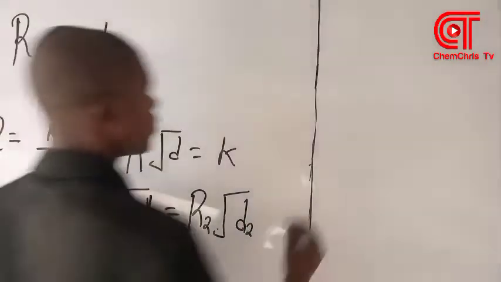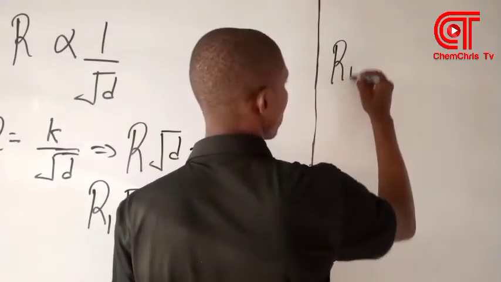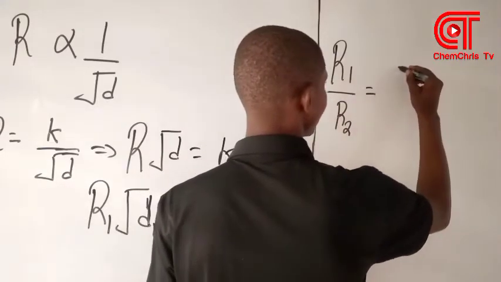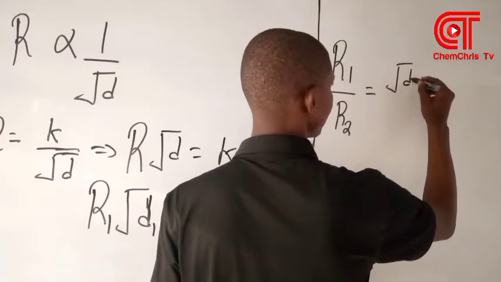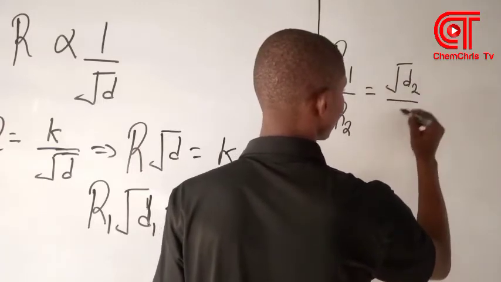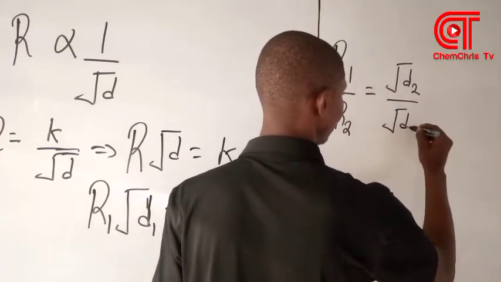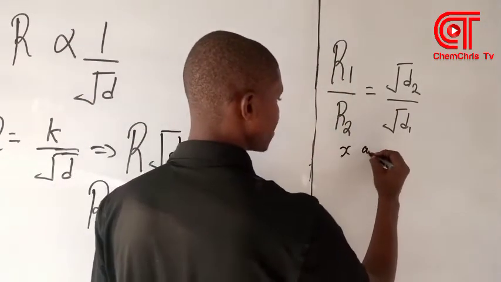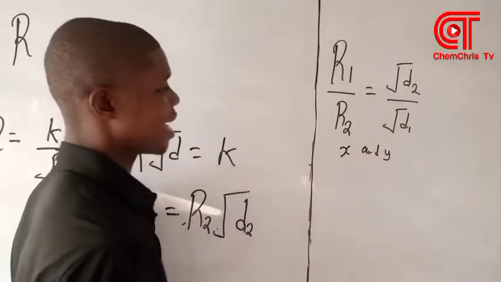So if you arrange very well here, we now have rate 1 over rate 2 equals the square root of the density of the second gas over the square root of the density of the first gas. So imagine you have x and y as the gases.